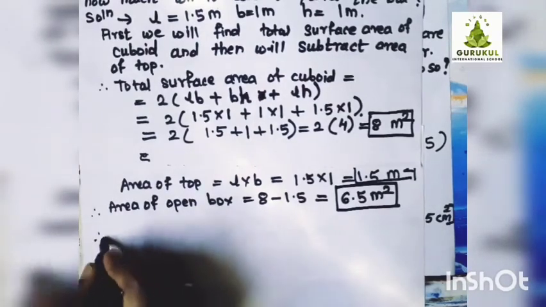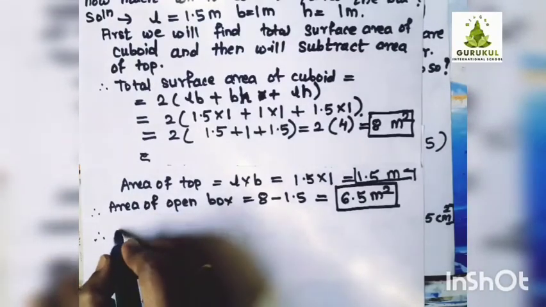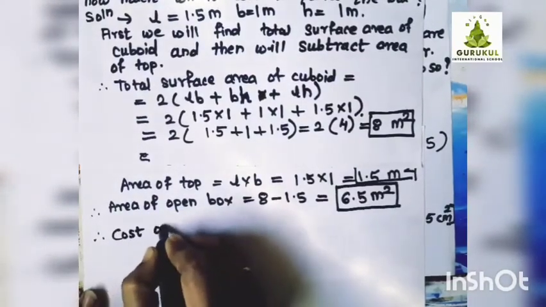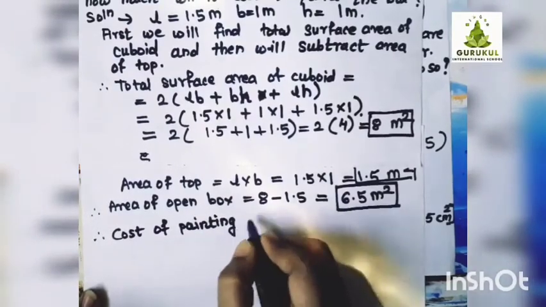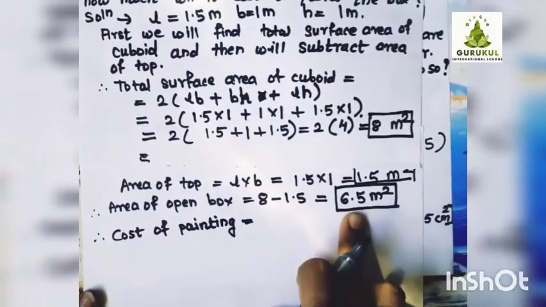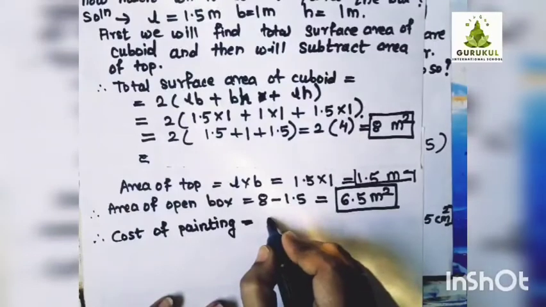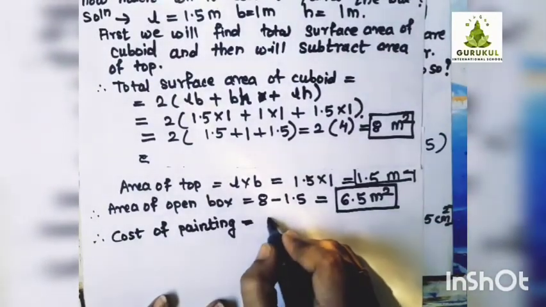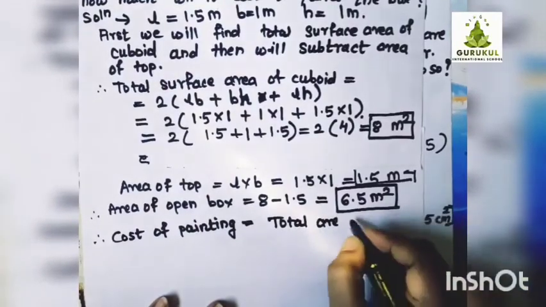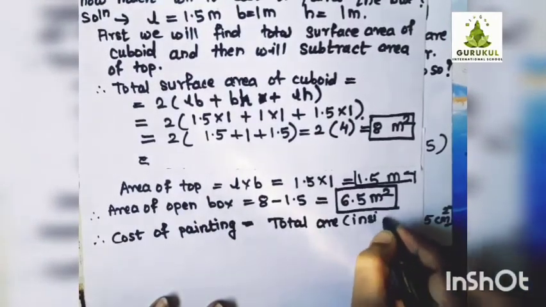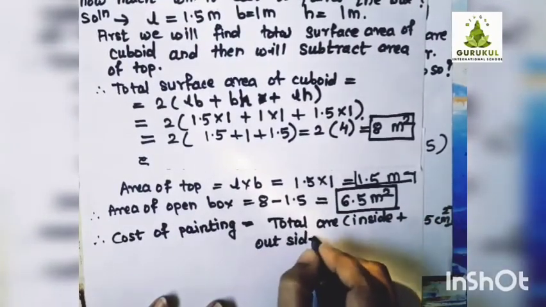So we'll write down, therefore the cost of painting is equal to, now the inside and outside area will be the same, that is 6.5, right? So cost of painting is equal to the total area into bracket inside plus outside, multiplied by the cost.